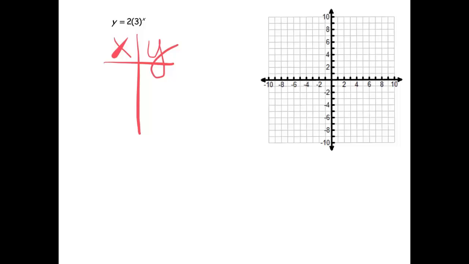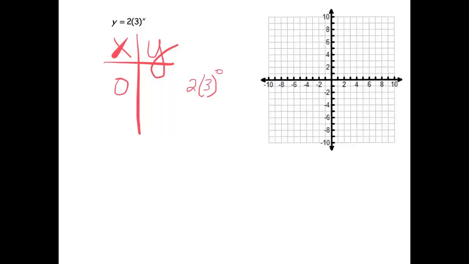So maybe we could start with an easy number like 0, and to figure out what y is I would have to do 2 times 3 to the 0 power. So you have to remember your order of operations, or PEMDAS for short, right? We're going to start with the parentheses. Well, 3 is inside the parentheses, there's nothing you can do. The next thing would be the exponent.